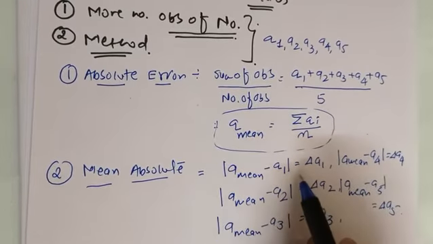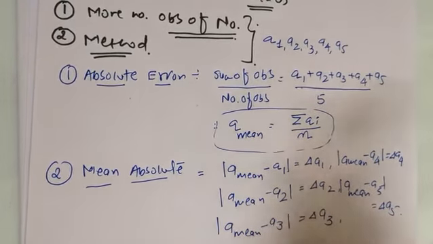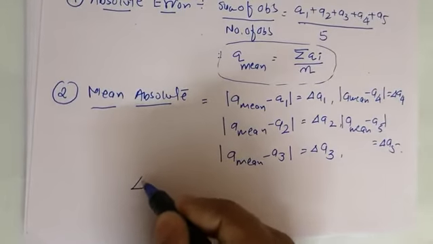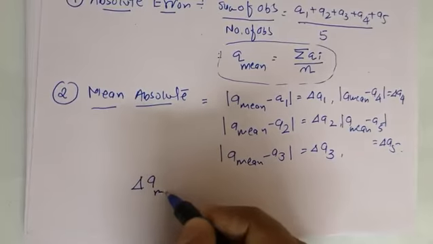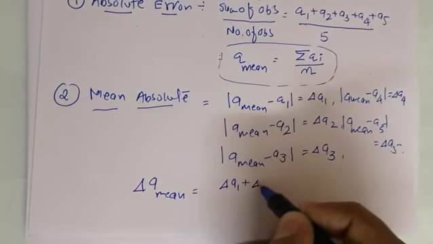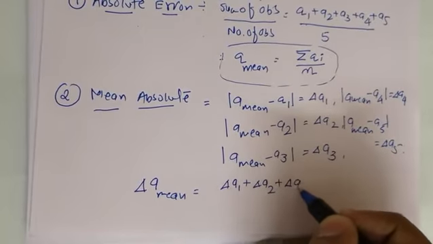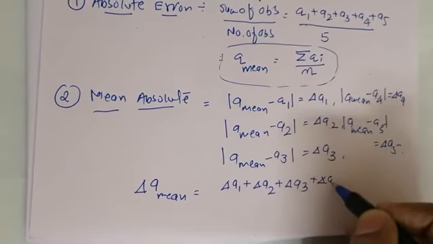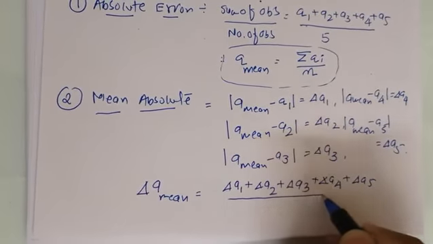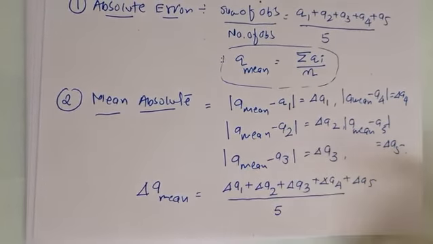I am putting in a modulus because I want the mean absolute error to be positive. So now delta A mean absolute is the sum of delta A1, delta A2, delta A3, delta A4 and delta A5 divided by the number of observations, like our average.